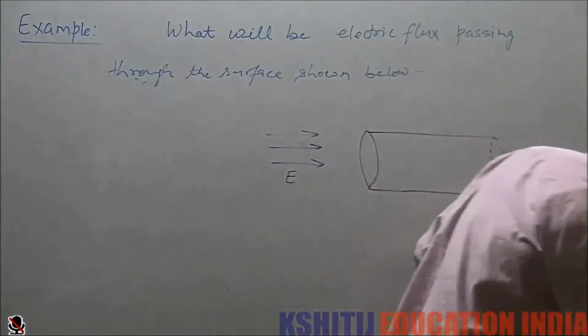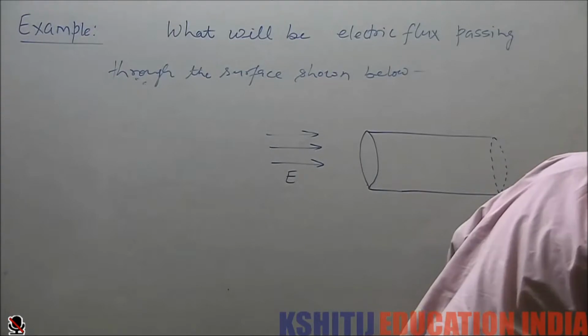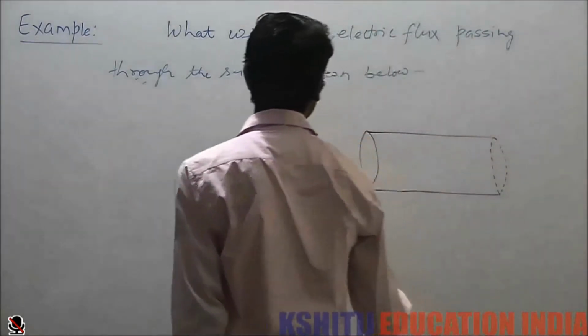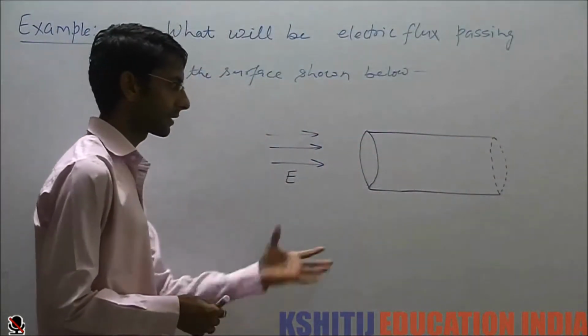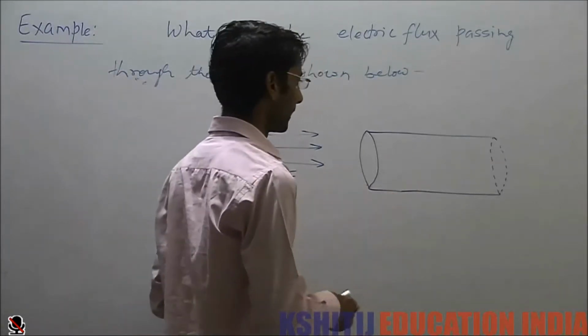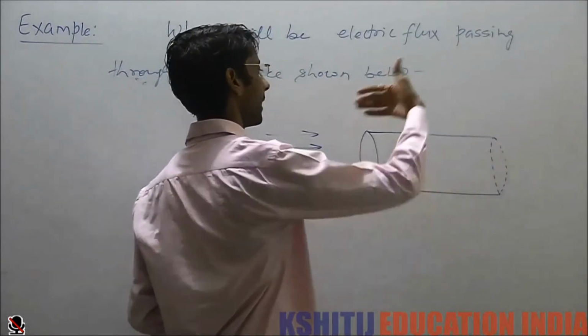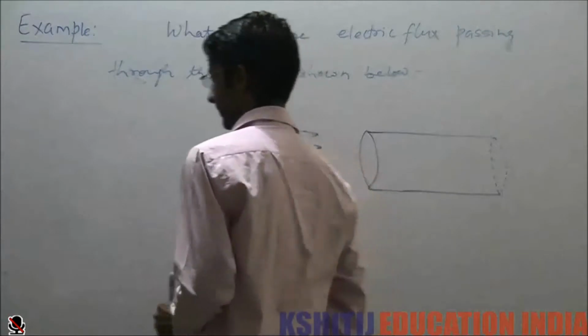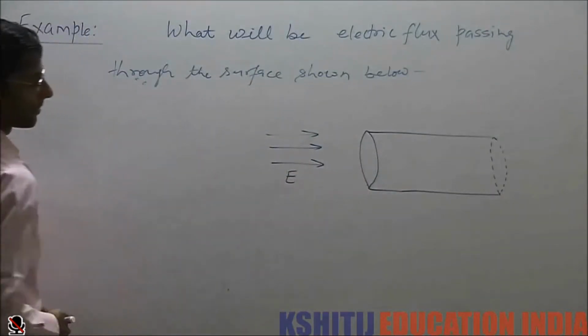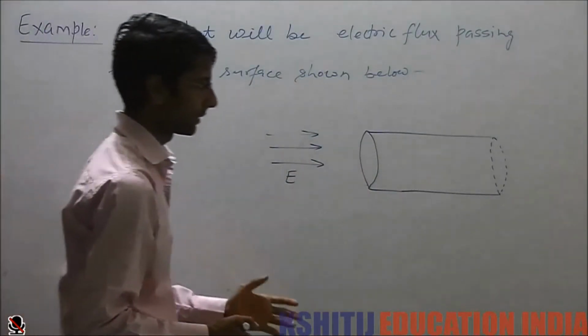And this surface is the cylindrical object which we have given, it's hollow from these two ends, and this is the curvature. So what will be the electric flux passing through it?